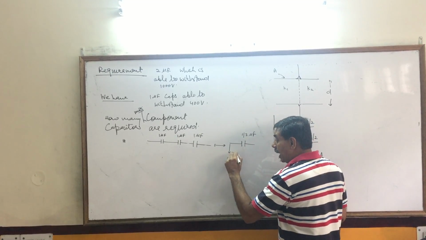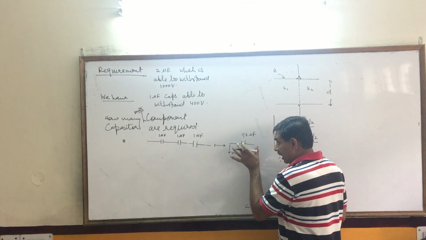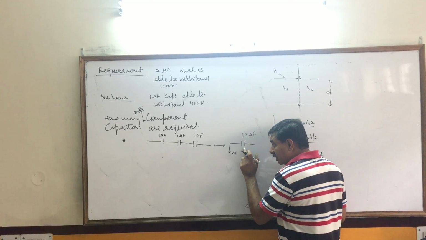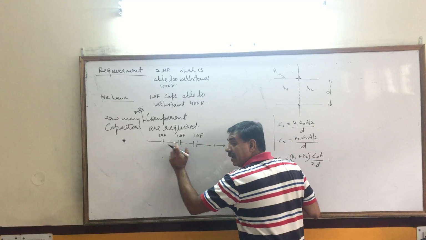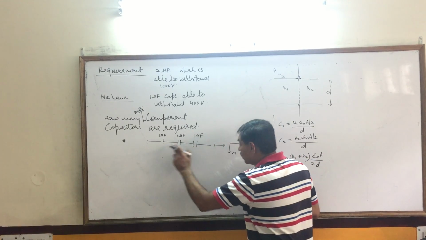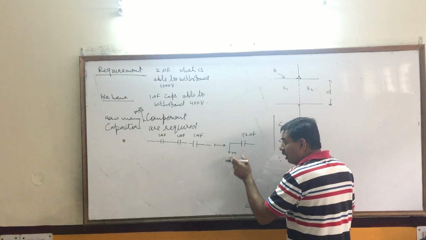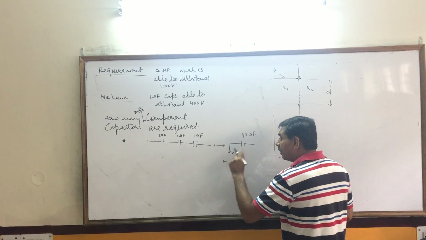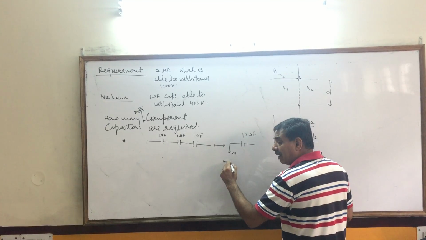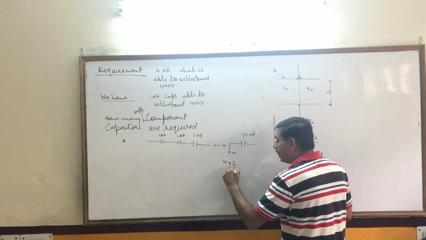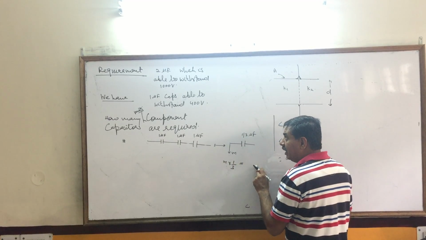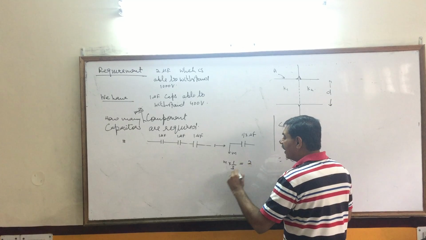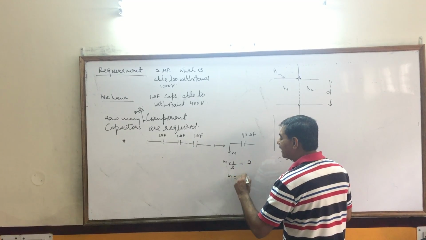I will put M like this, each consisting of 3. So I will arrange M of this kind in parallel, which will simply add up, and it should give me 2. M should be 6.